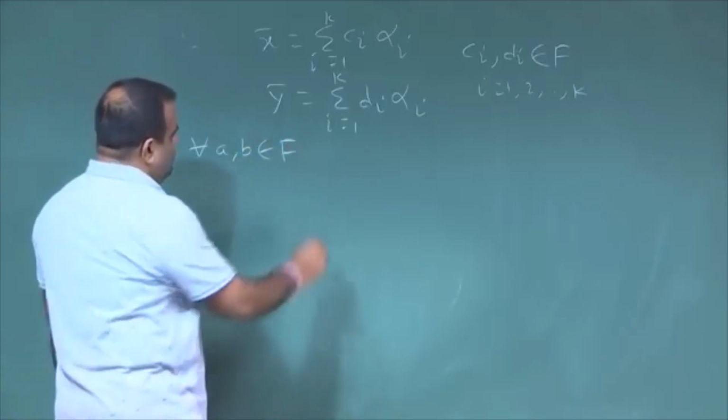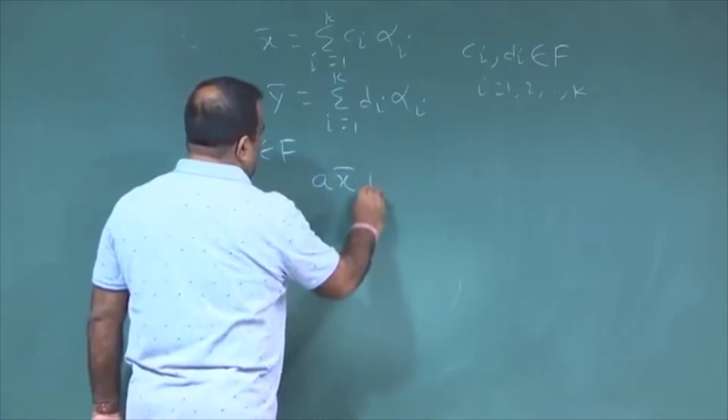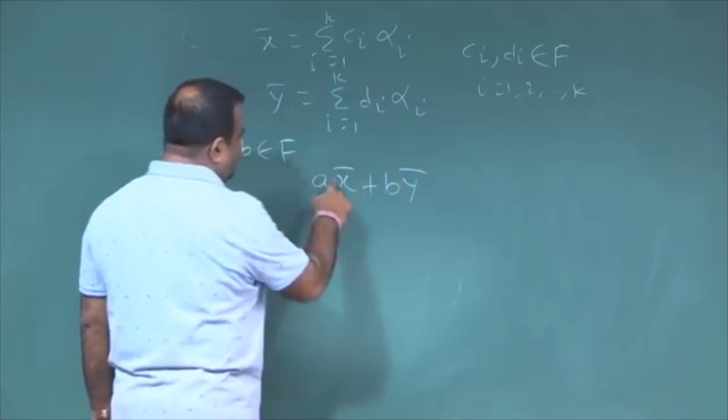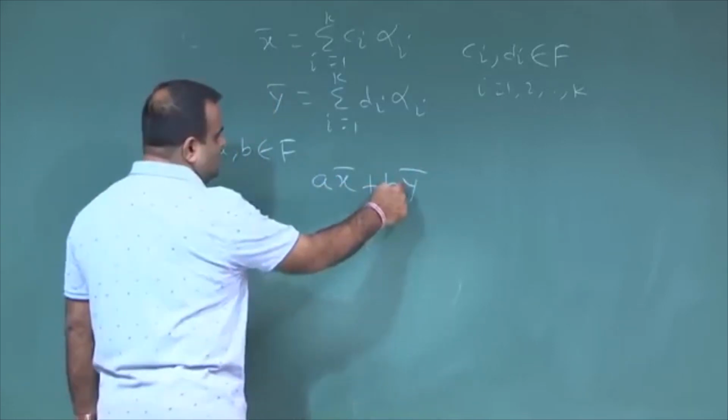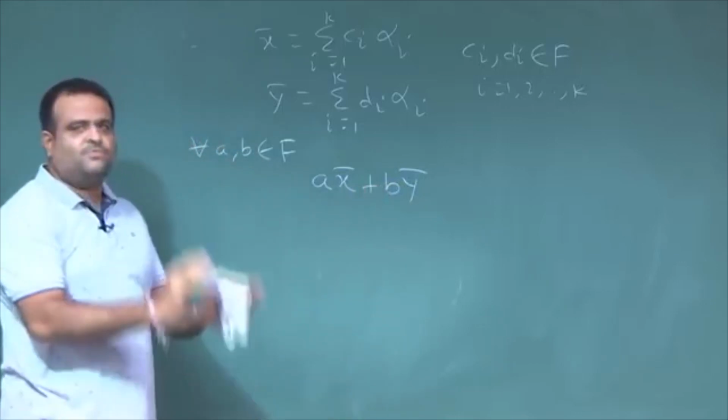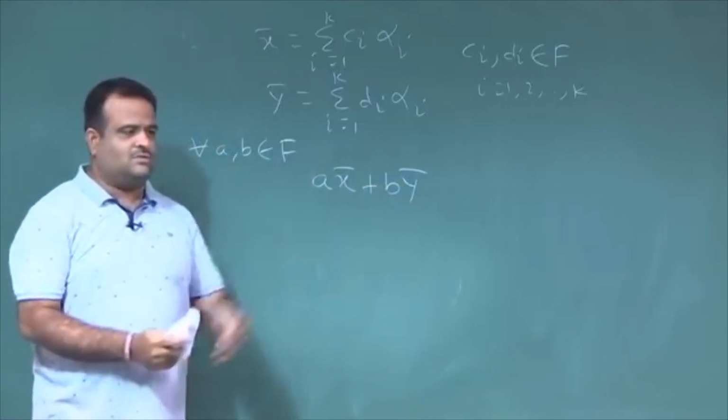So what is A x bar plus B y bar? This is scalar multiplication, and this is again scalar multiplication, and this is vector addition, but for simplicity we are just writing in this way.